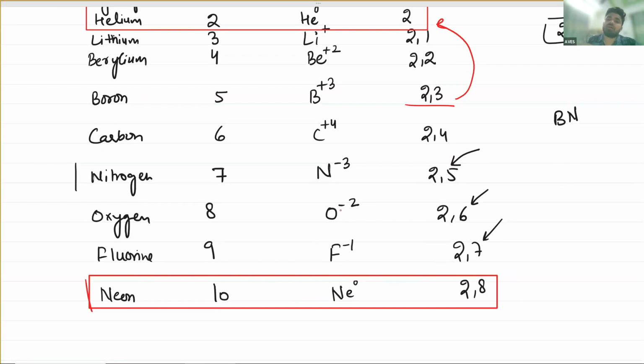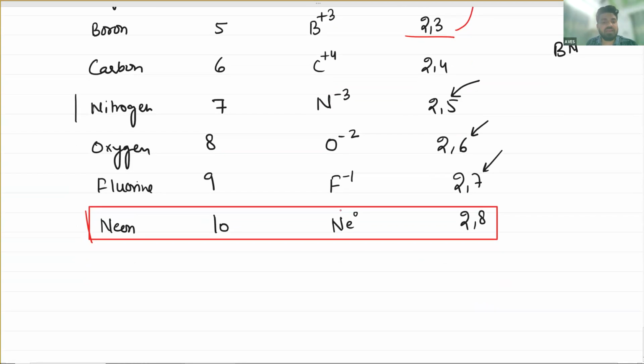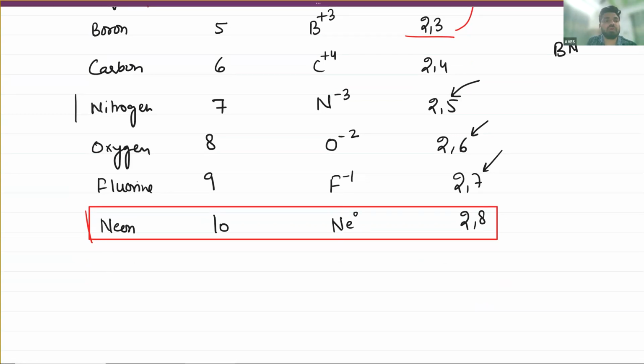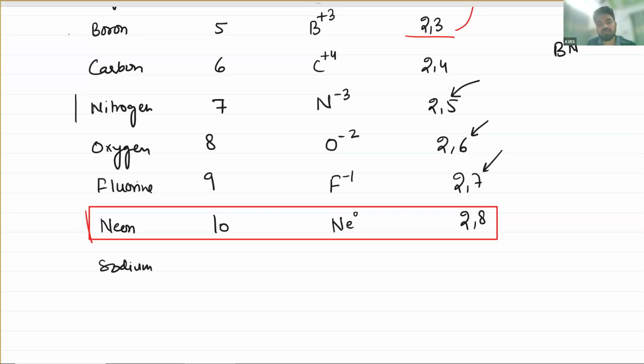Okay. Next, if I move to the next part, after the neon, we have sodium. Sodium has electronic configuration 2, 8, 1.